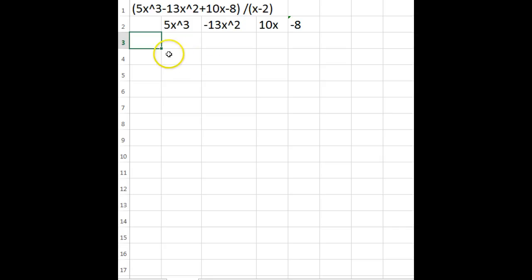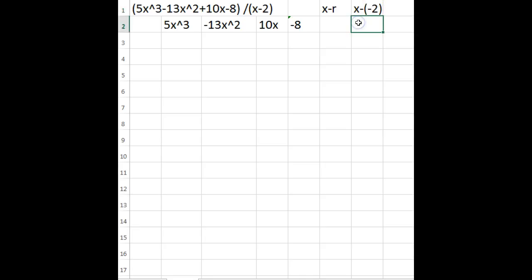Below that, we're going to pull down our coefficients. The first thing we need to look at is our R value. In this quotient, we have x minus 2 as our divisor, and we want it in the format of x minus r. So for this one, it would be x minus a negative 2.